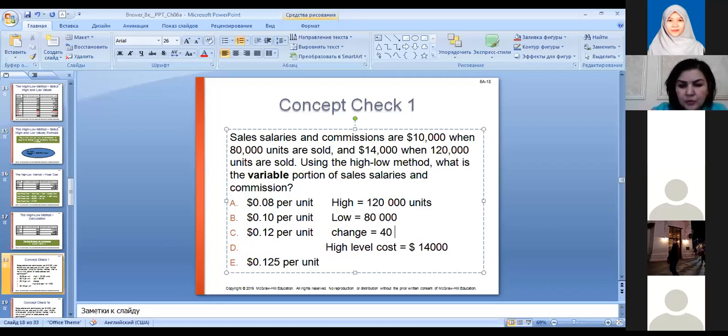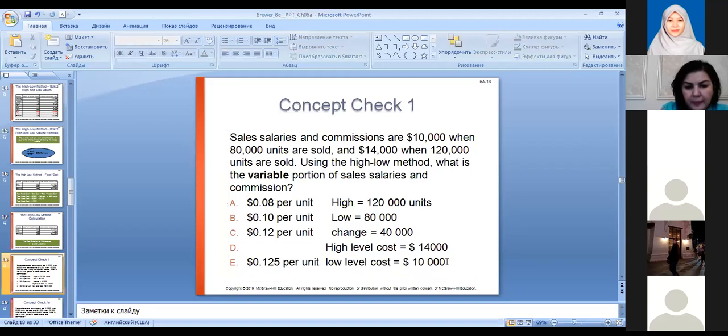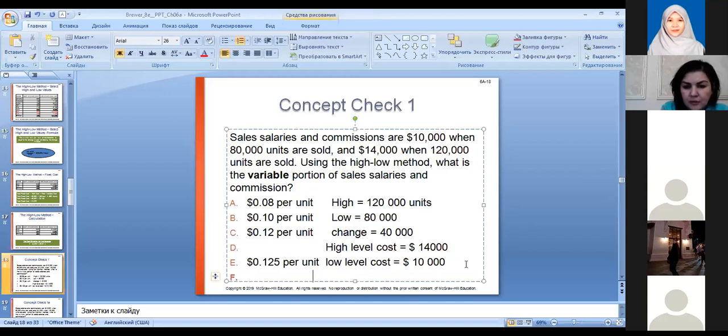Yes, good, 40,000. Now the high level cost and the low level cost. What is the low level cost? 10,000. And what is the change here? 4,000, right?